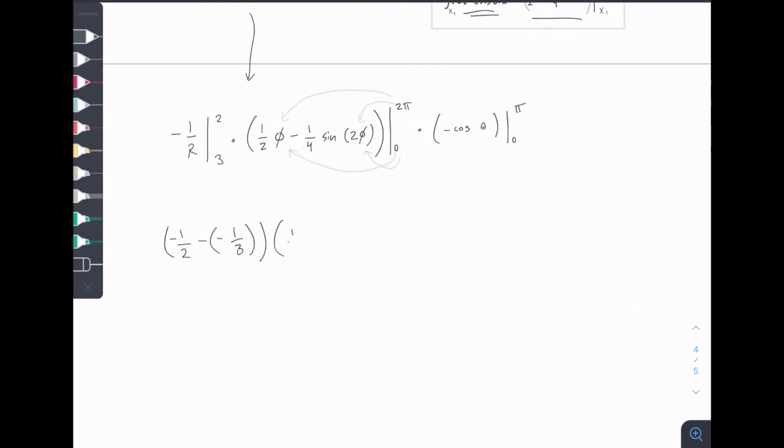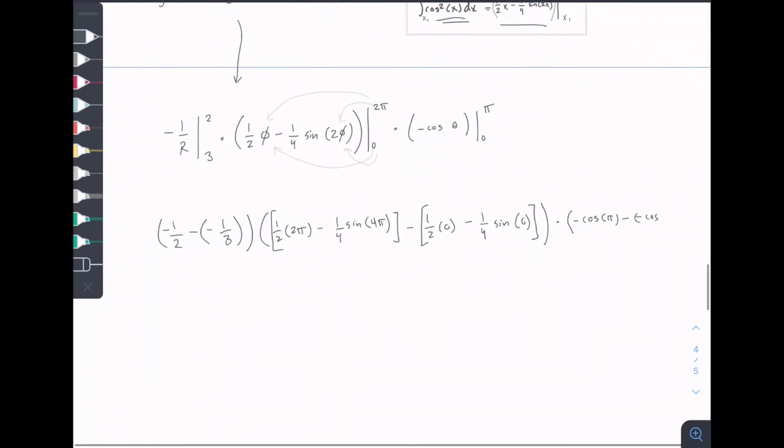So 1/2 times 2 pi minus 1/4 sine of 4 pi, yeah, 4 pi, and then take away that bracket just for now, minus 1/2 times 0 minus 1/4 sine of 0, and then multiplied by negative cosine of pi minus a negative cosine of 0.